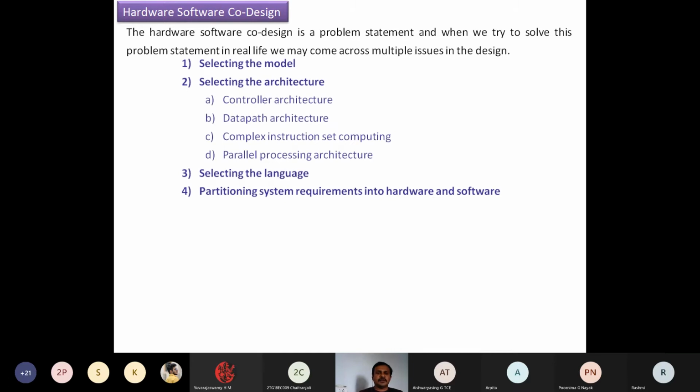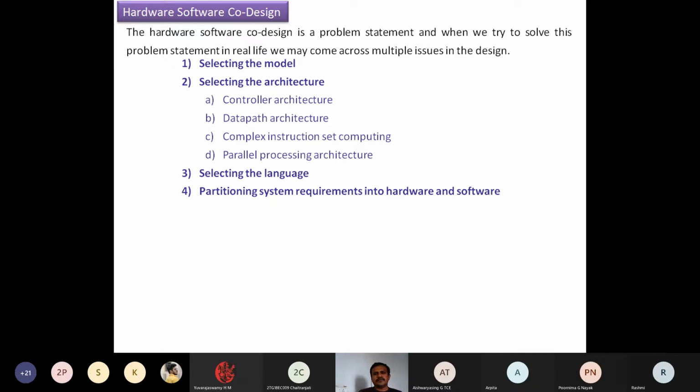Those are the selecting the model, selecting the architecture. In the architecture, we have various architectures, the control architecture, data path architecture, complex instruction set computing, and parallel processing architectures. Then we have how to design a software.